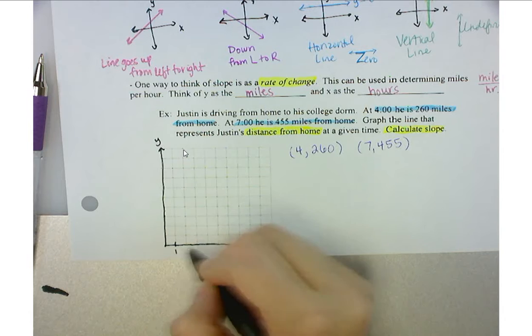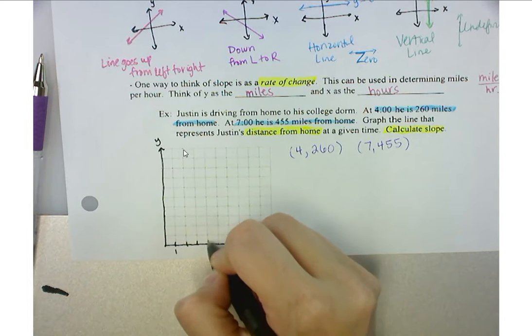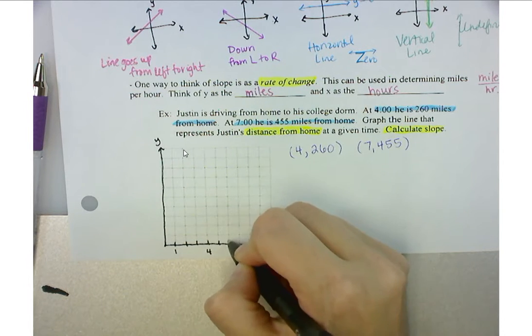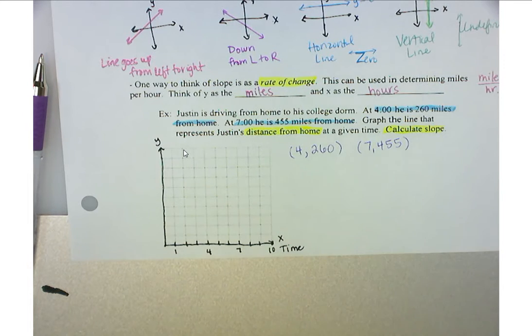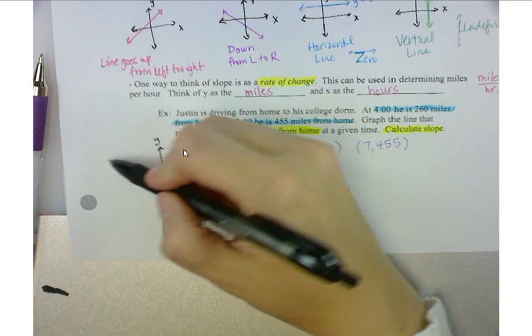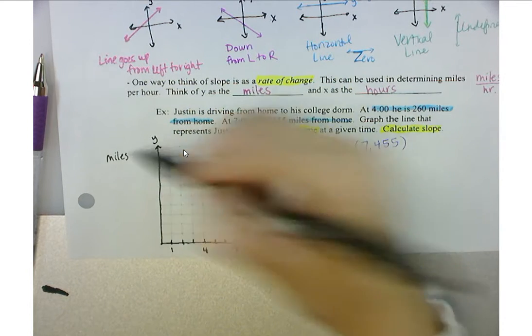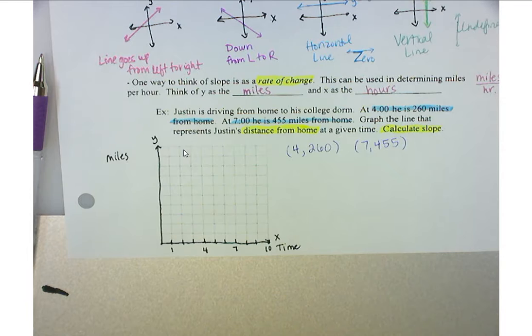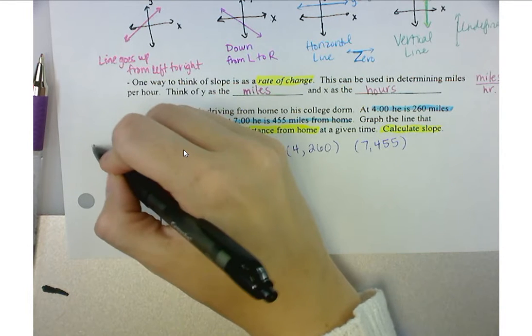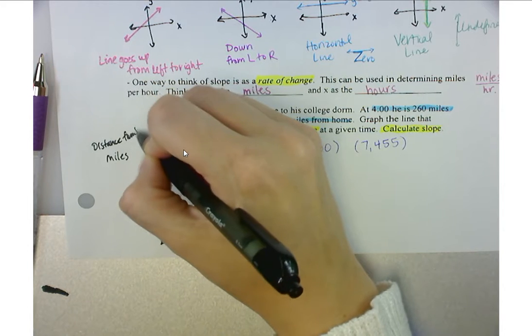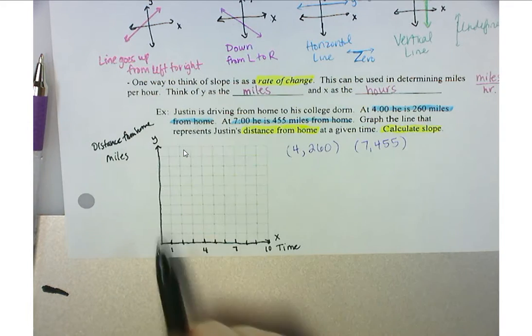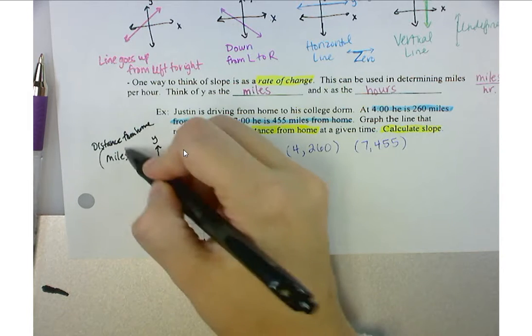Okay, so 1 o'clock, 2 o'clock, 3 o'clock, 4 o'clock, 5 o'clock, 6 o'clock, 7 o'clock, 8, 9, 10. Okay, and then the y is going to represent your miles, which is your distance from home. Okay, so the distance from home is measured in miles.